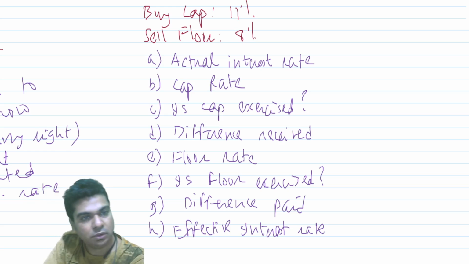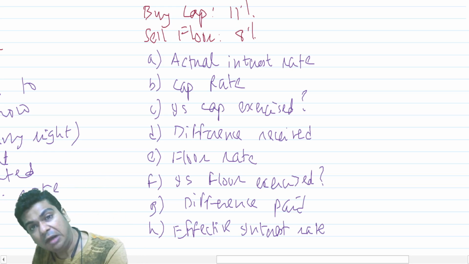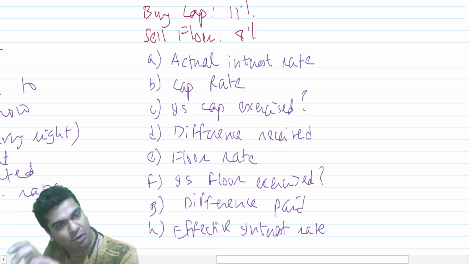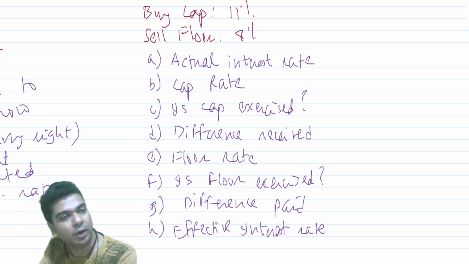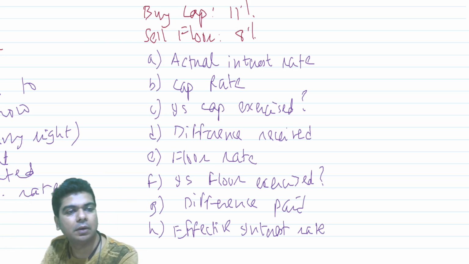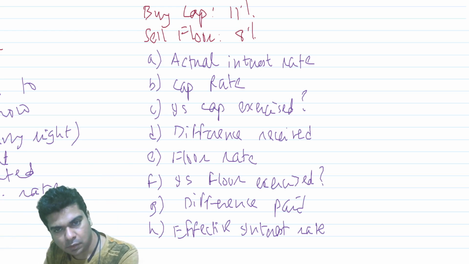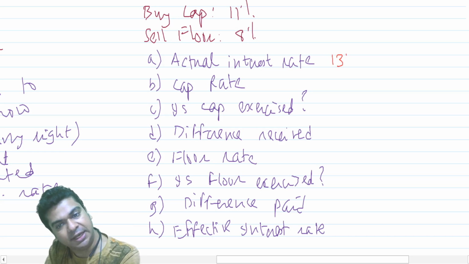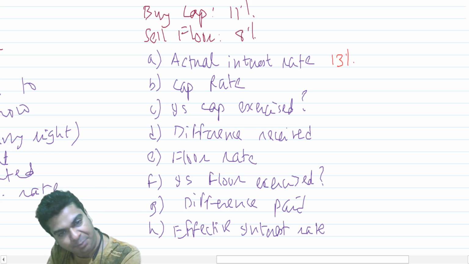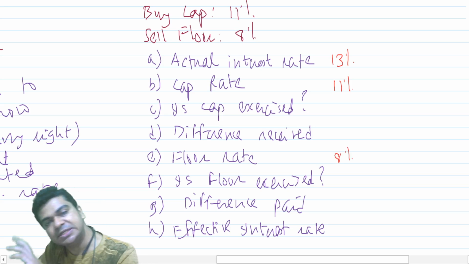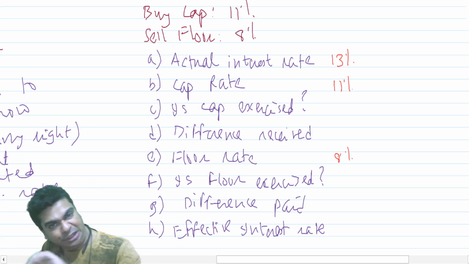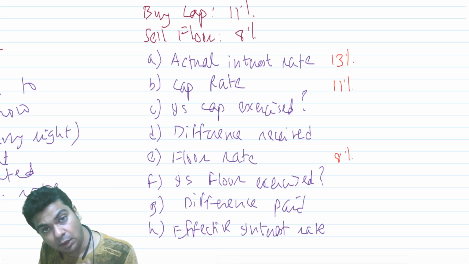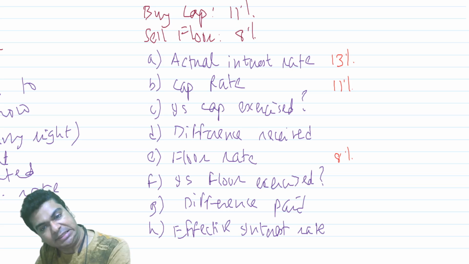Based on this table, we want to really understand the functioning of this entire strategy. Let's say the actual interest rate turns out to be 13%. I'll put the cap rate over here, 11%, and the floor rate, 8%. Actual interest rate is 13, while the cap rate is 11.